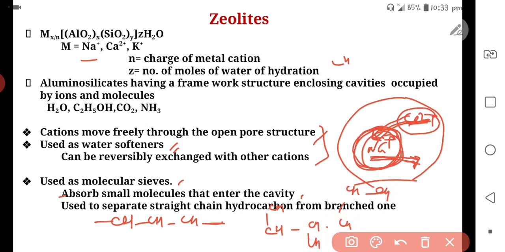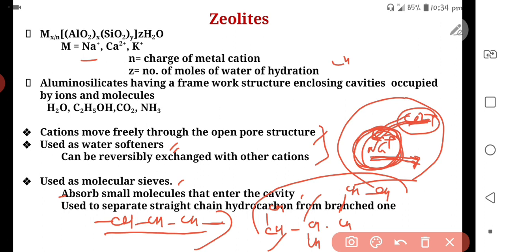This is a branched hydrocarbon and this is a straight chain hydrocarbon. Which one is smaller in size? Most probably the straight chain will be small in size, because in the branched one, due to branching, everywhere branching can be possible, so the size will be much larger.